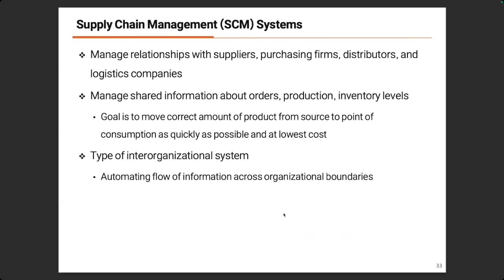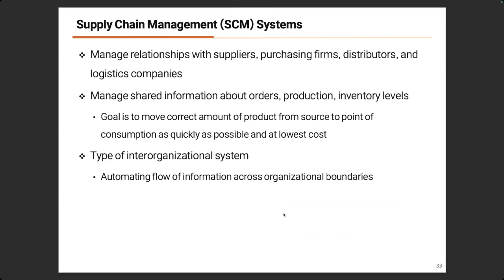And it also helps the people in the organization have good relationships with their suppliers or their distributors or logistic companies, such external business partners.